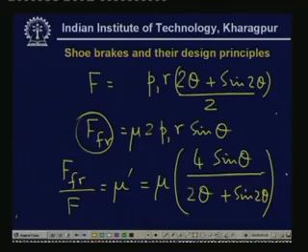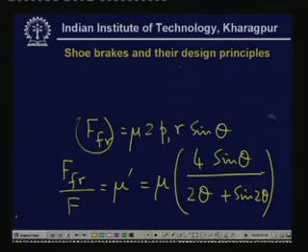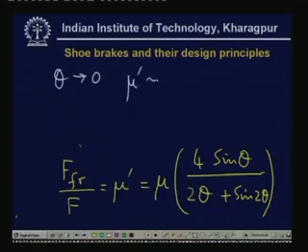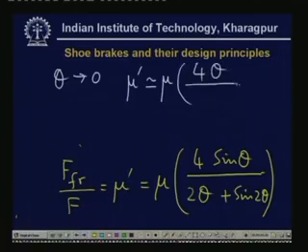What we can check from here is that as theta tends to 0, that is a very short shoe, then mu prime is almost equal to mu times 4 sine theta, where sine theta is almost equal to theta, divided by 2 theta plus sine 2 theta, where sine 2 theta is almost equal to 2 theta.